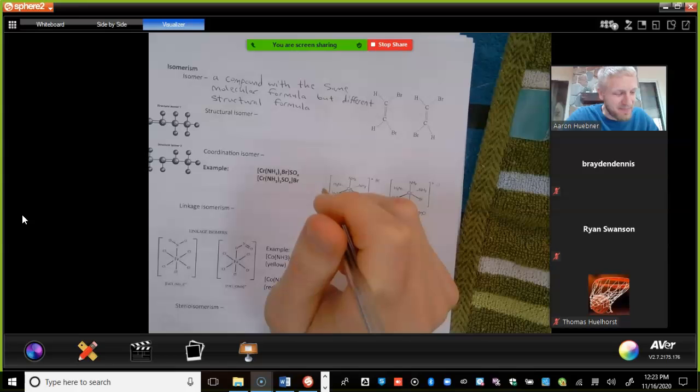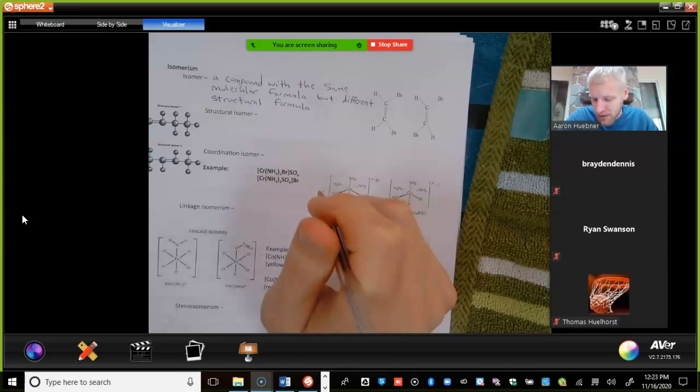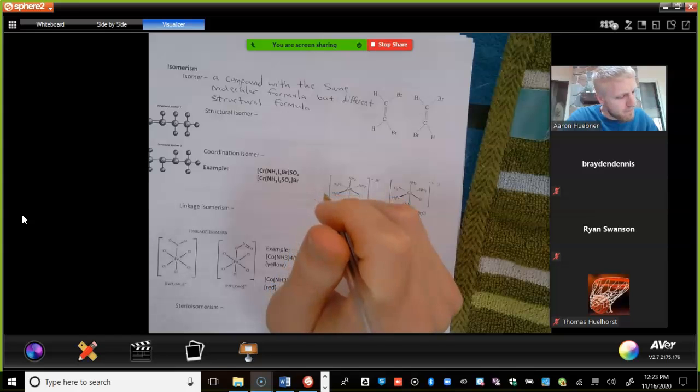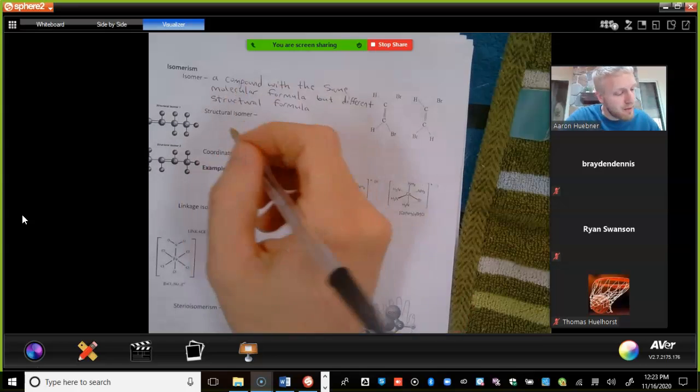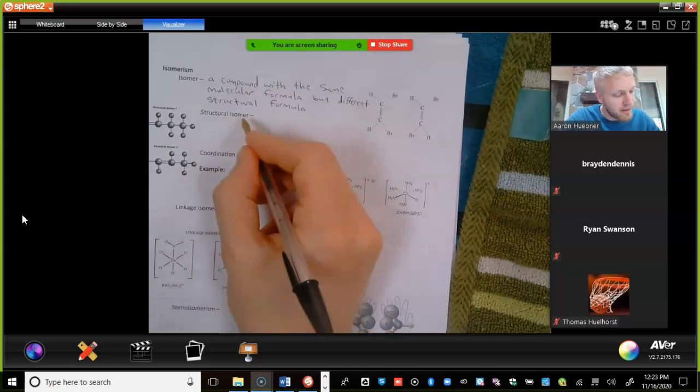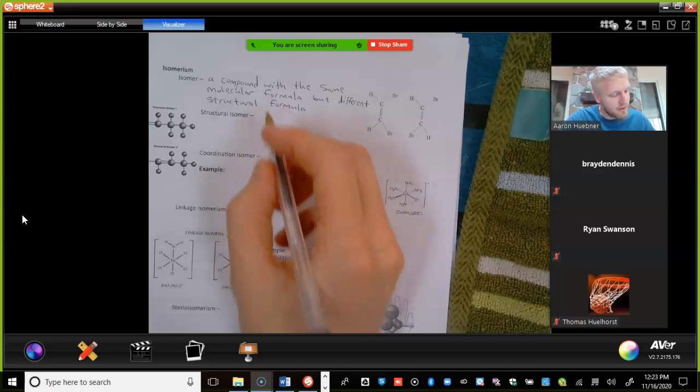Alright, structural. Wait, I'm missing something. There's two types. Oh yeah, there's 2 types. Yeah, here it is. There's a structural isomer, and then there's the stereoisomer.